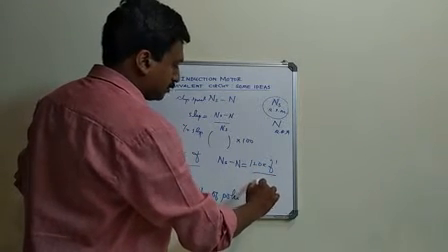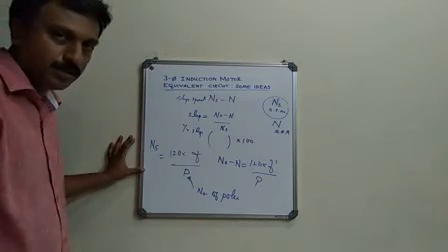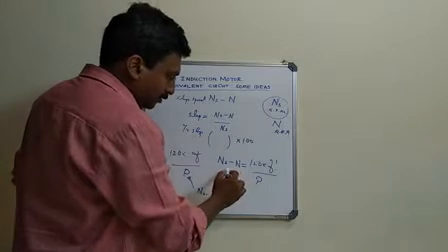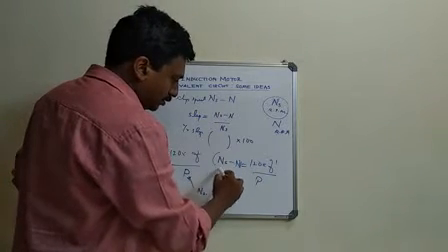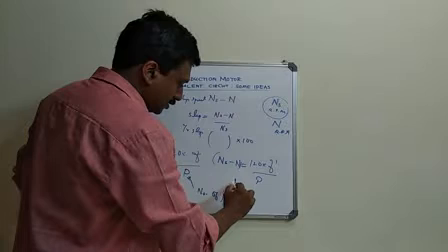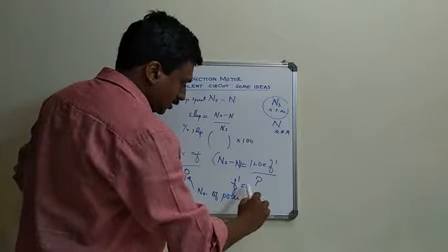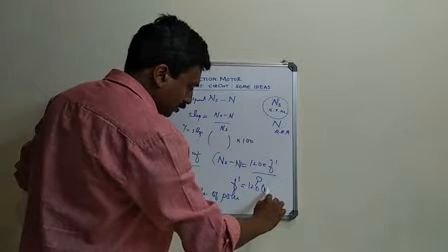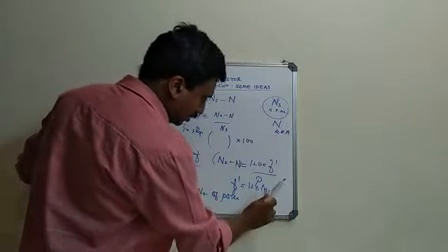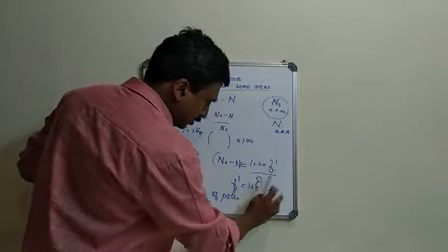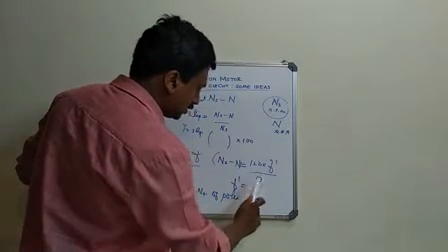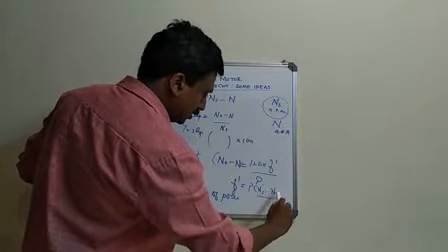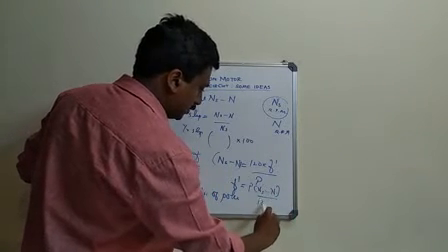The rotor and stator are wound for the same number of poles, so f dash is p into ns minus n divided by 120.